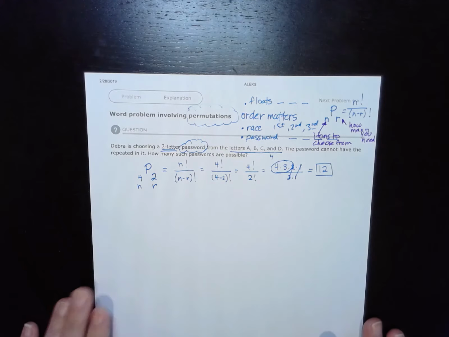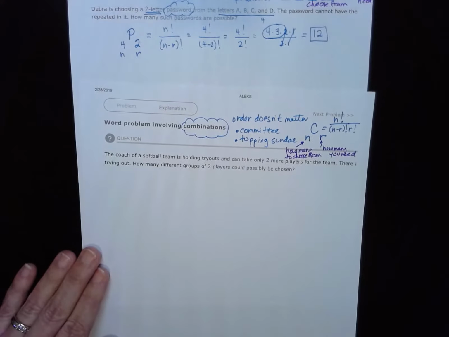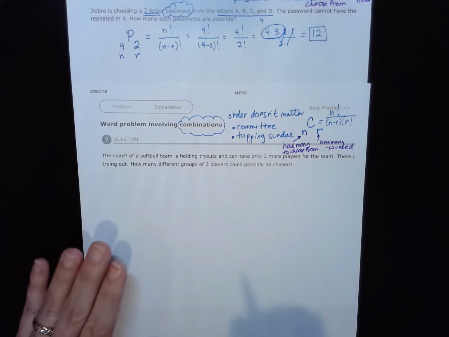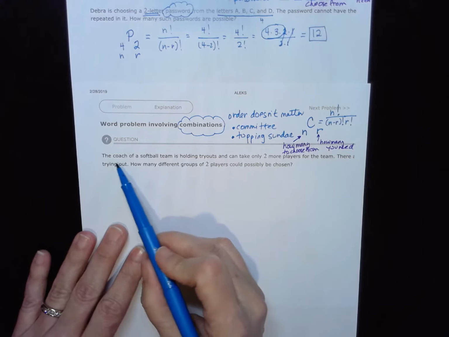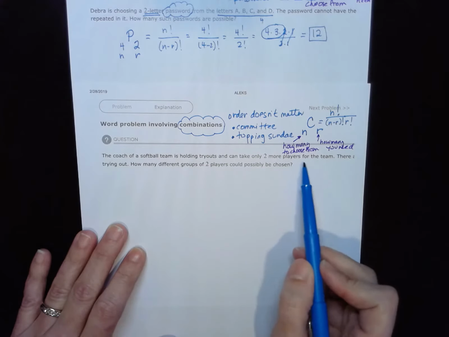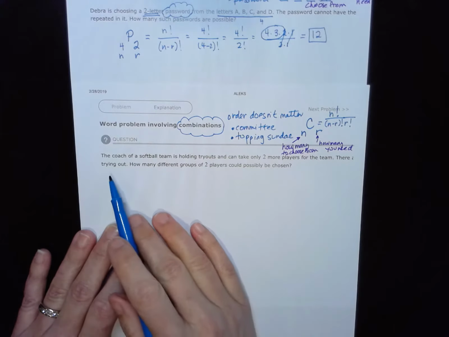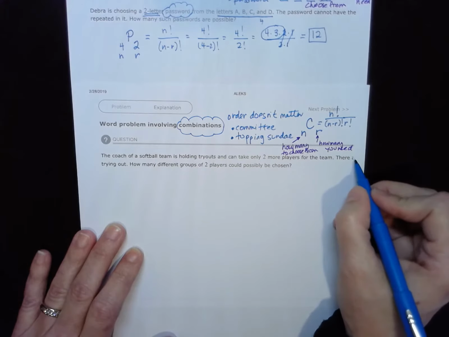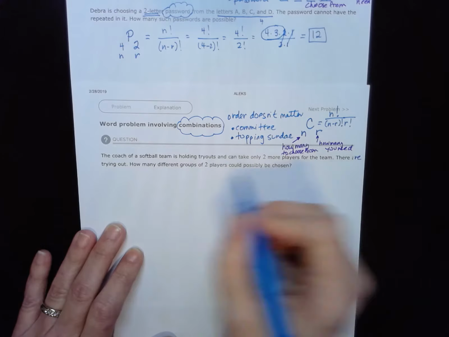Word problems involving permutations. What if your word problem involves a combination? How will you know? So let's look at this one. It says the coach of a softball team is holding tryouts and he can only take 2 more players for the team. There are, this one cut off, so let's say there are 8 trying out.